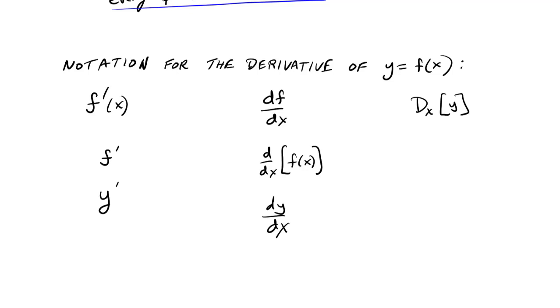So you will see a lot of different versions of the derivative for that reason, but also because of the way that the derivative was originally constructed. Basically, two mathematicians, Newton and Leibniz, were working on calculus at the same time and came up with slightly different notations. So what we referred to before as the prime, f prime of x, was from Newton.